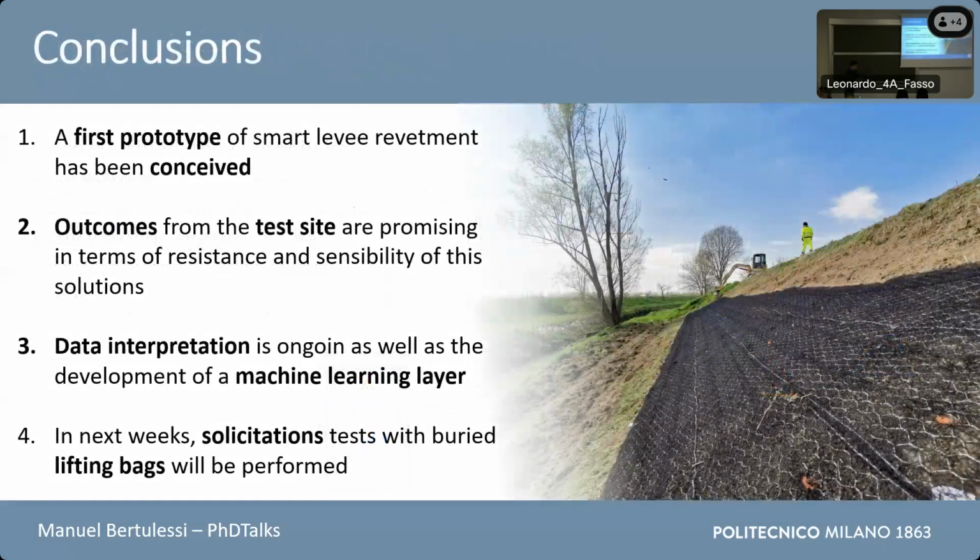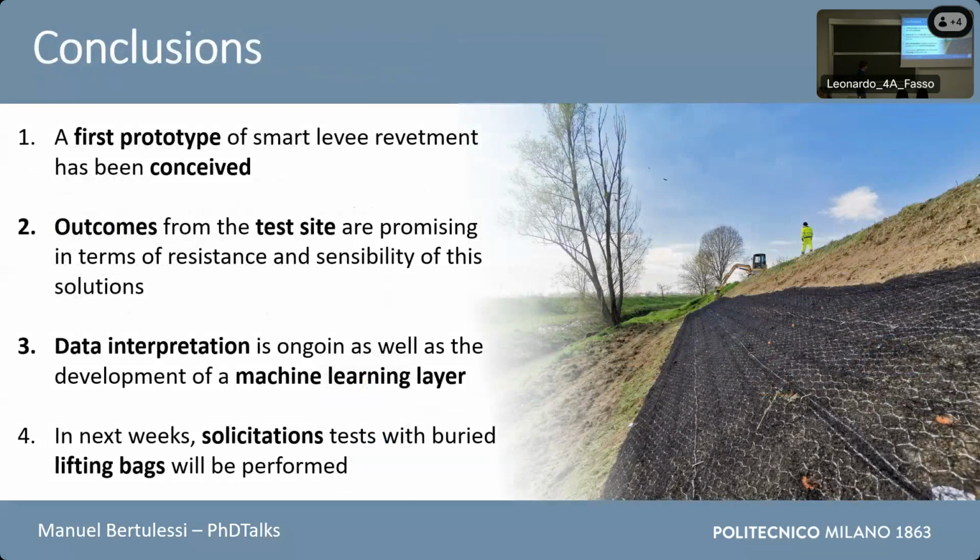To conclude, we consider the first prototype of this smart development, and the outcomes coming from the first 8 months of on-site testing are promising in terms of resistance and sensitivity of this solution. Data interpretation is ongoing, as well as the development of the machine learning layer.